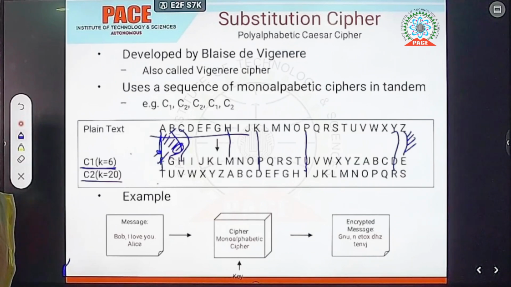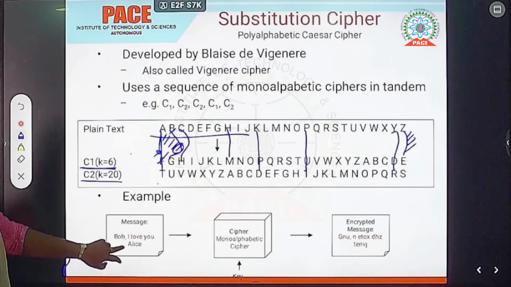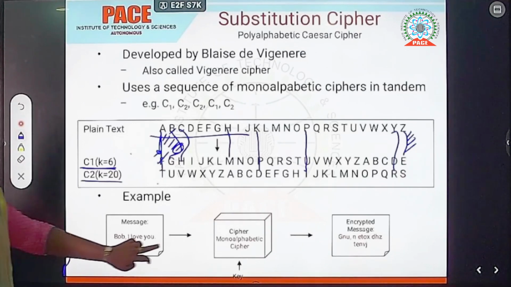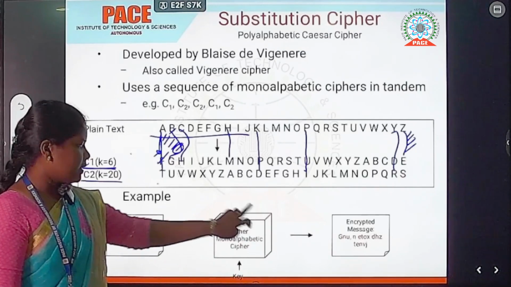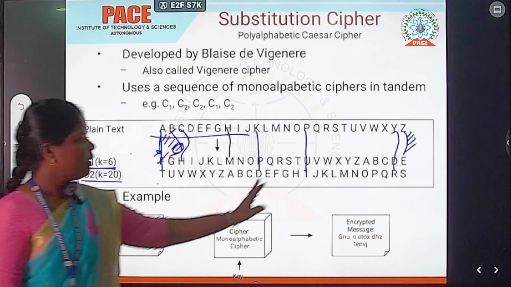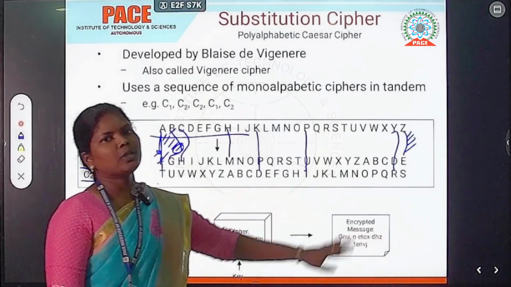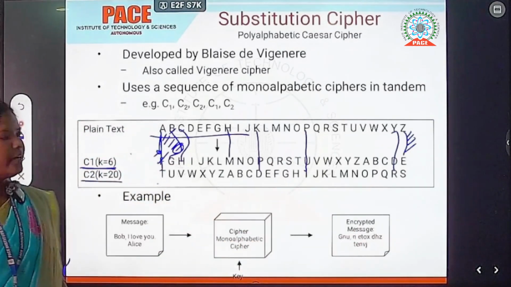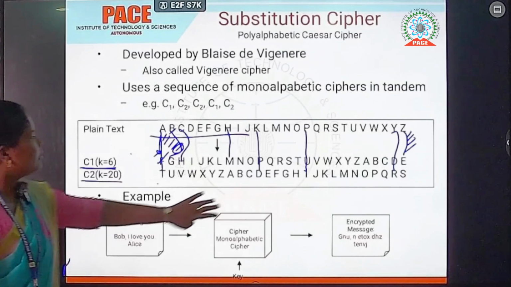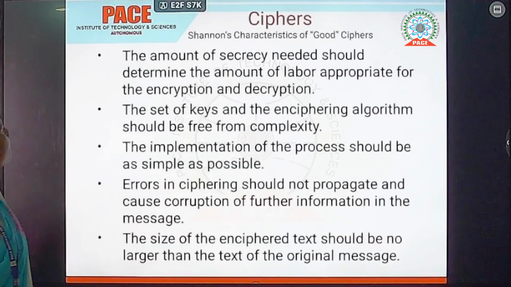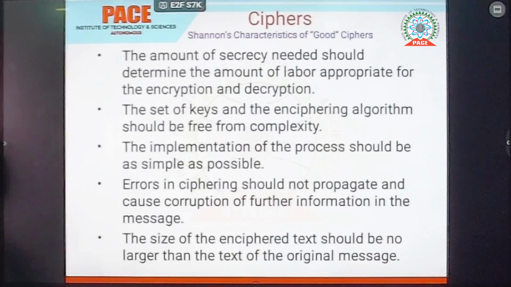For example, this is the original message. By using the cipher algorithm, we get the encrypted code. Next one. These are all about the cipher. The amount of security needed should determine the amount of labor appropriate for the encryption and decryption.